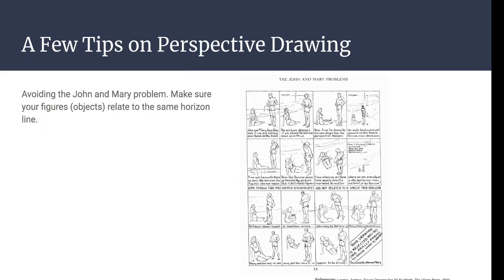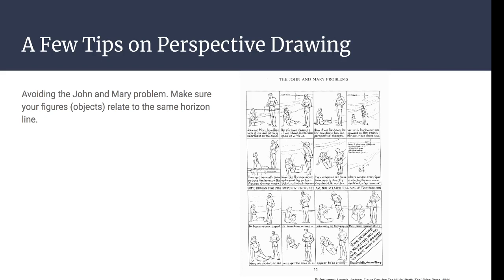Okay, another example is when we have an issue with two different objects that don't share the same horizon line. This is from another book by Andrew Loomis, Figure Drawing for All It's Worth. He gives us the example of the John and Mary problem.